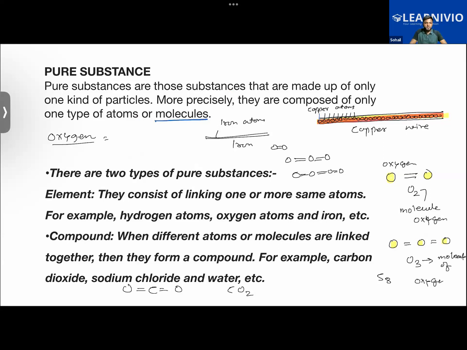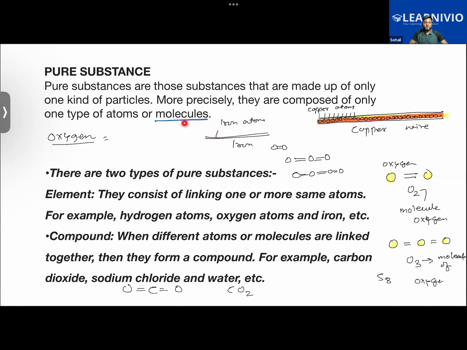Good. Also, in the previous class, we learned about concepts like pure substances. So pure substances are those substances that are made up of only one kind of particles, only one kind of atoms. Like copper wire is just made up of copper atoms. Iron wire is just made up of iron atoms, right? So we are saying that they are composed of only one type of atoms.